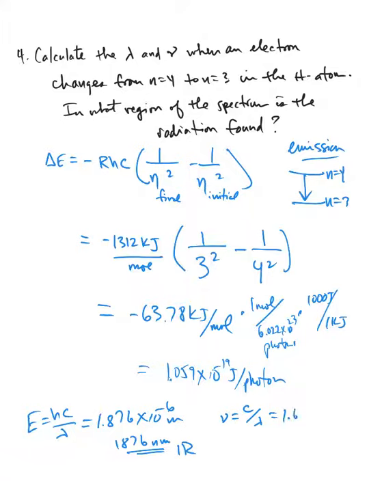Get 1.6 times 10 to the 14th inverse seconds. I messed up this equation before. I got these backwards. That was the wavelength is equal to that. So I just flipped those around, of course. Okay, so that just swapped.